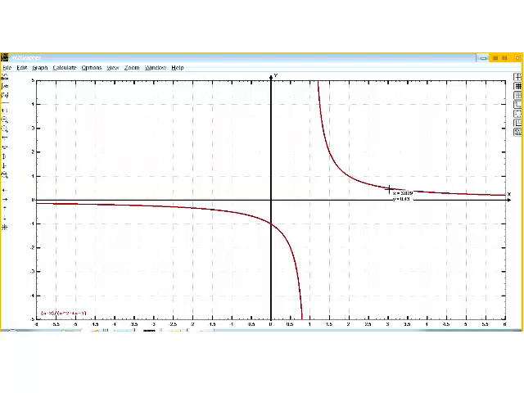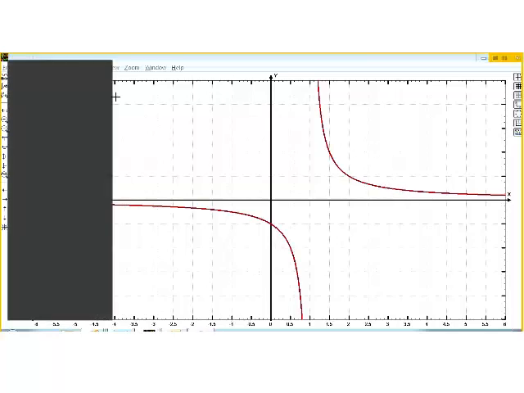So at x equals 3, it looks like it's continuous, but it really isn't. If we were to draw the graph, we put a little open circle right there. Okay, so that's pretty much it.